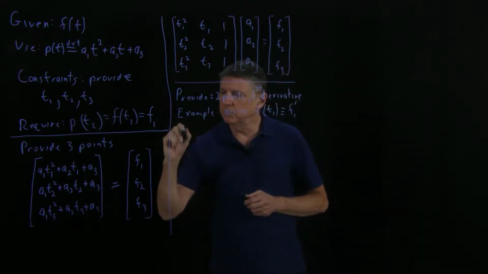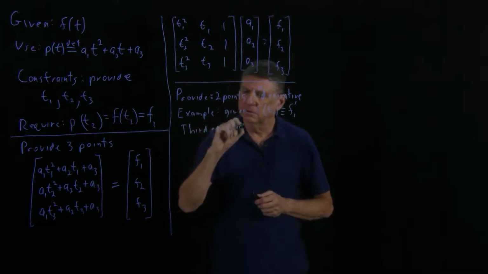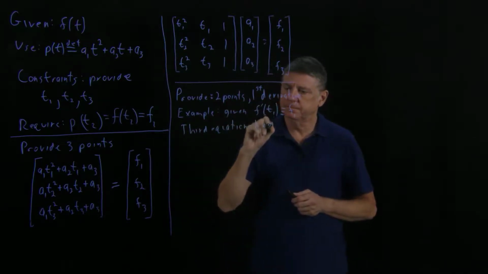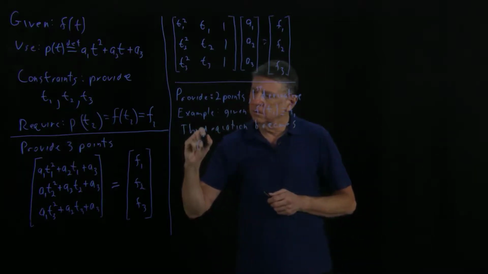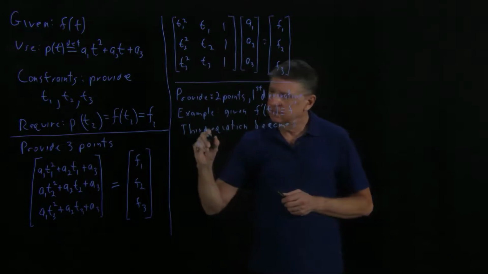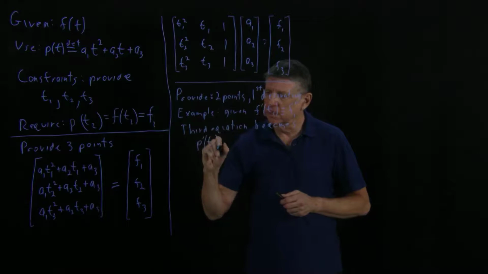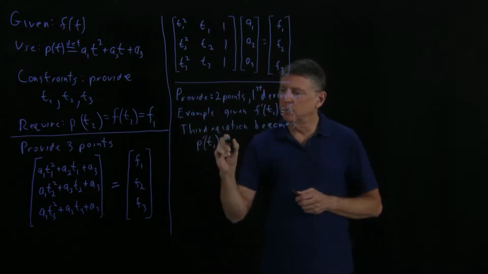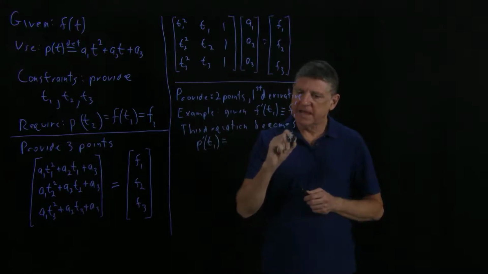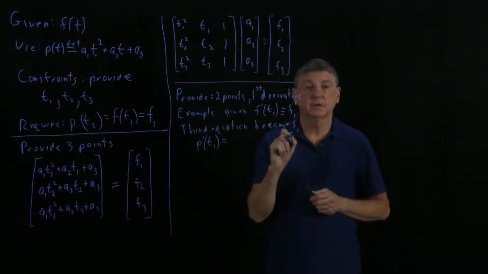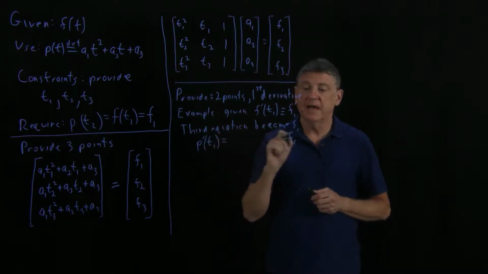So what this would do is the third equation will then become, we want the derivative at the first point of the polynomial to equal the first derivative of the function.